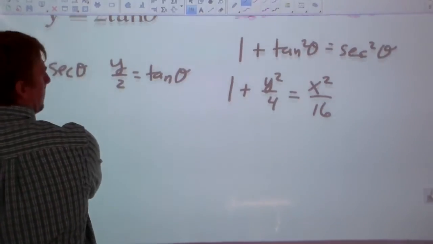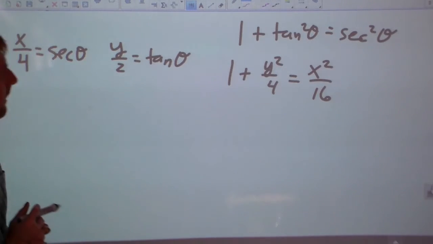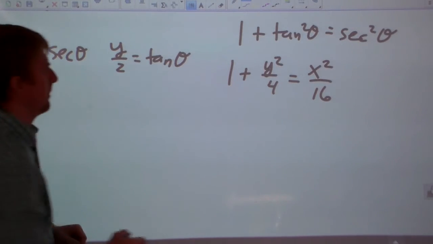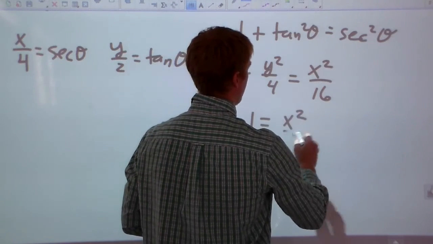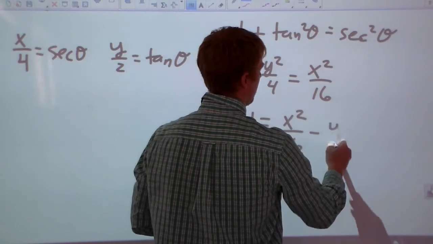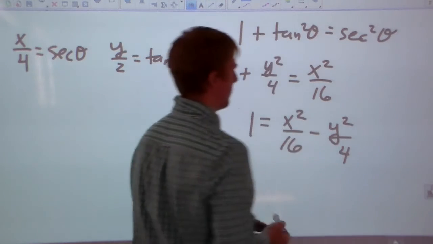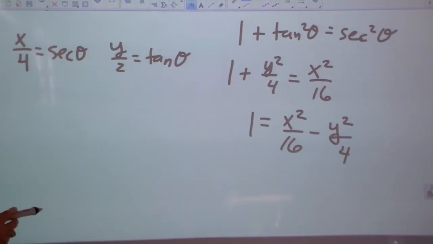All right, now, that's looking very similar to a hyperbola. If I get this thing equal to 1, that would mean subtracting the y. So that is now our standard form for a hyperbola.